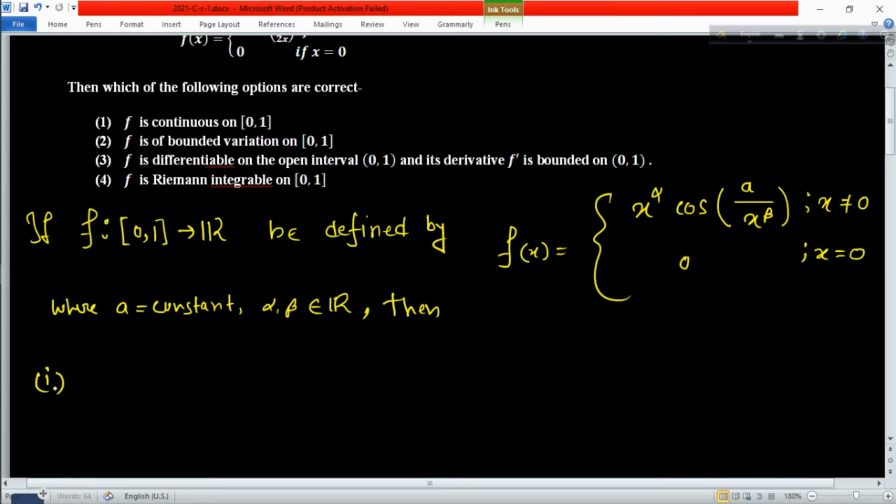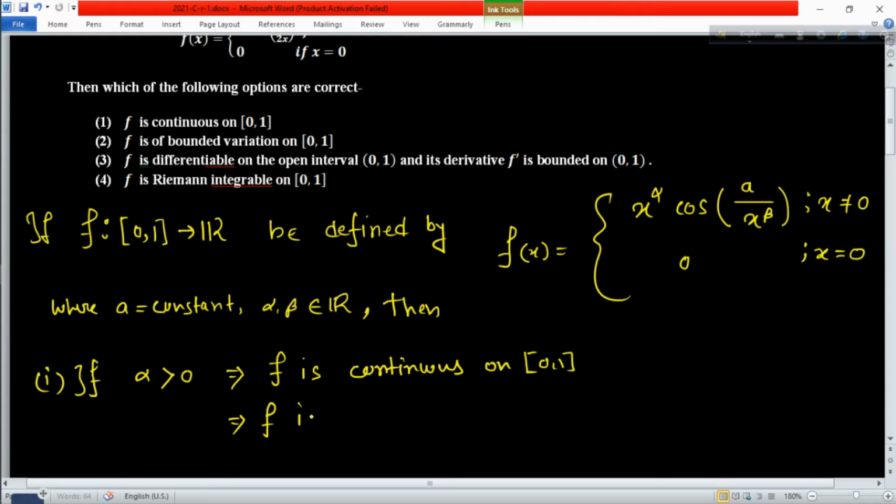Number one, if alpha is greater than 0, this implies f is a continuous function on the closed interval [0, 1], and this implies f is Riemann integrable. This is a standard result.